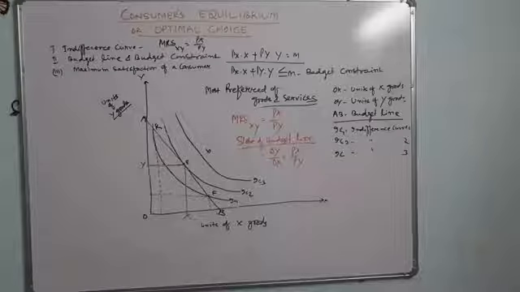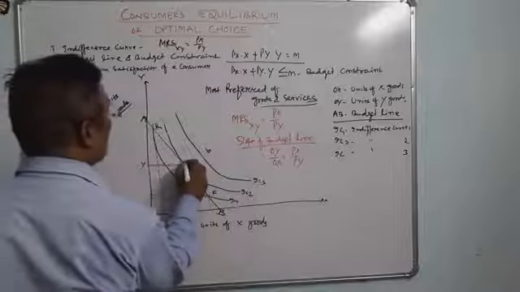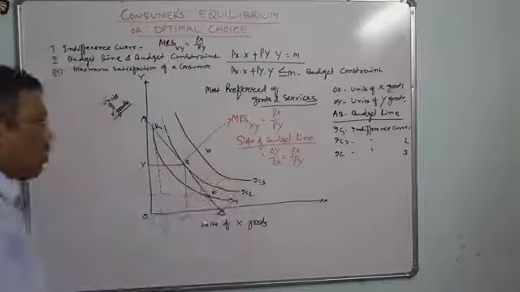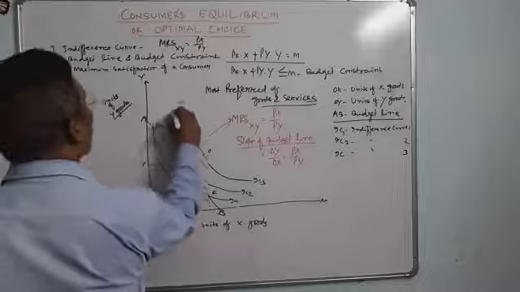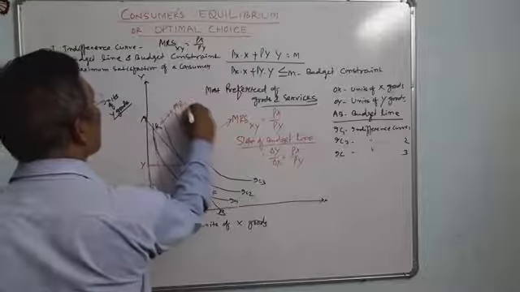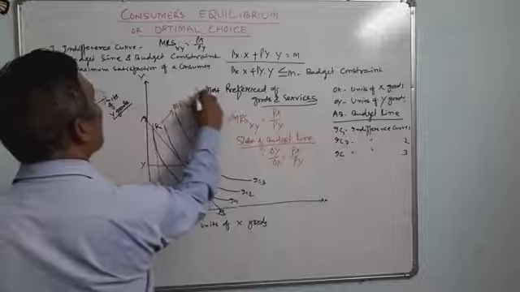So with regard to this analysis, E is a point where the marginal rate of substitution of X for Y equals Px upon Py. And R is a point where the marginal rate of substitution of X for Y is greater than Px upon Py.